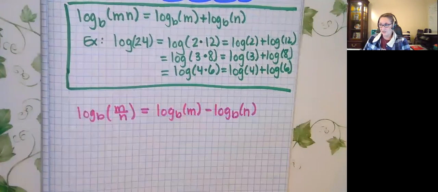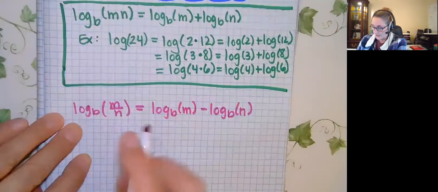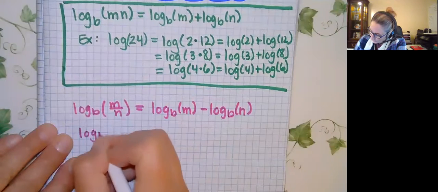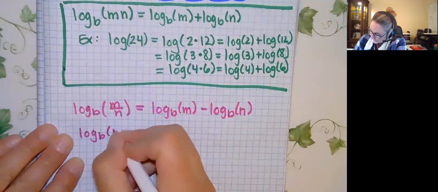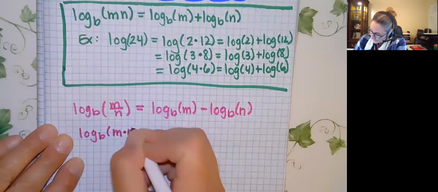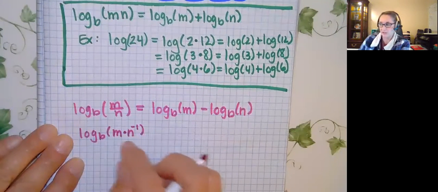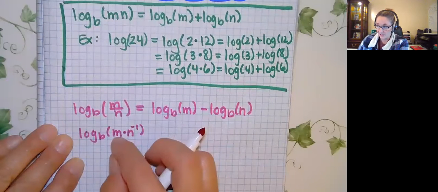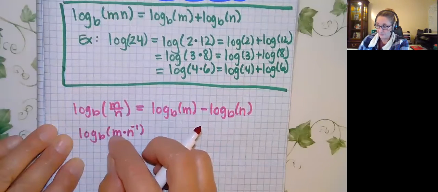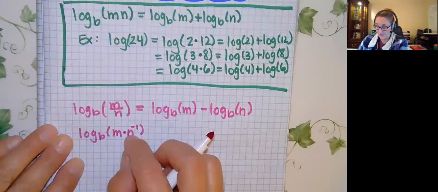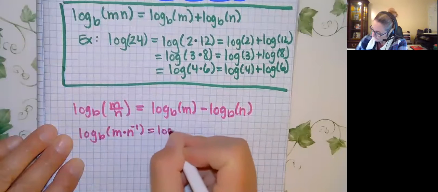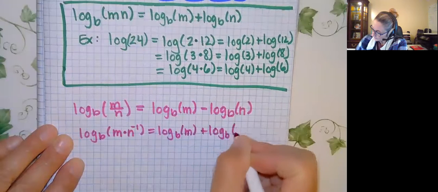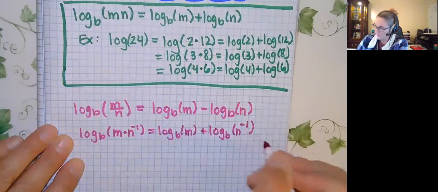Now, really what's happening here is this log base b of m over n, this is really log base b of m times n to the negative 1. That's really what this is. And what ends up happening is I can then take log base b of m plus log base b of n to the negative 1.